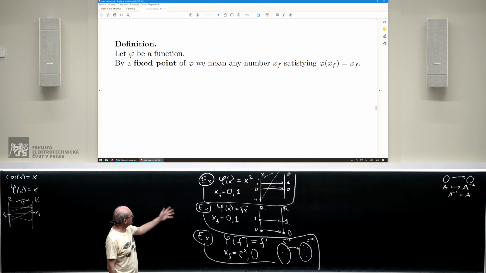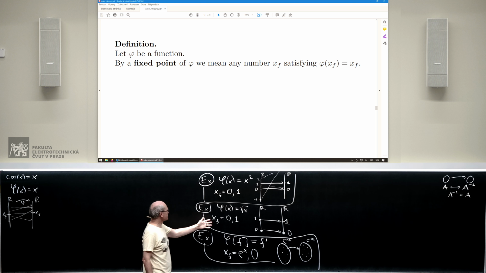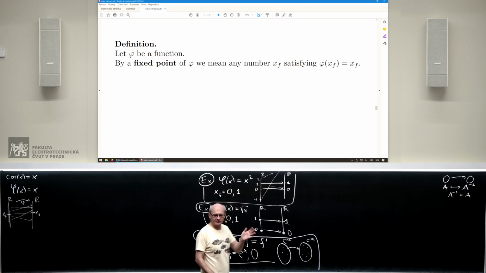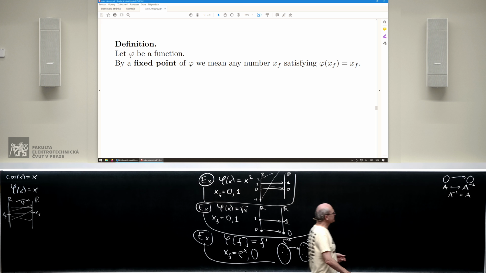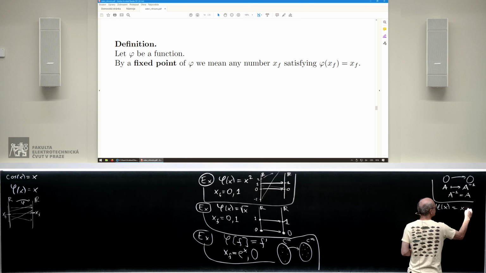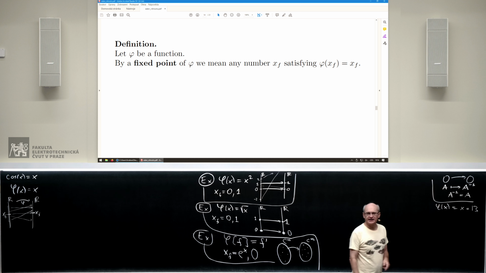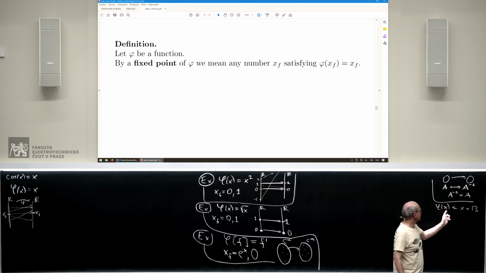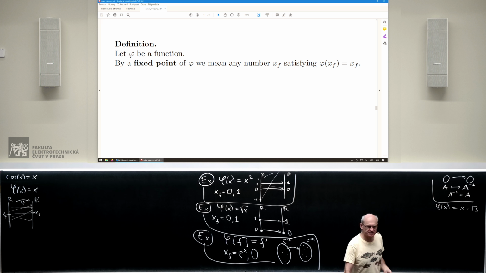Okay, we have our fixed points in those examples, and that was nice, optimistic examples, but now let's have a look at another example. Phi x is equal to x plus 13. Is there a number which works in such a way that if you shift it by 13, you will get the same number? And the answer is not really.